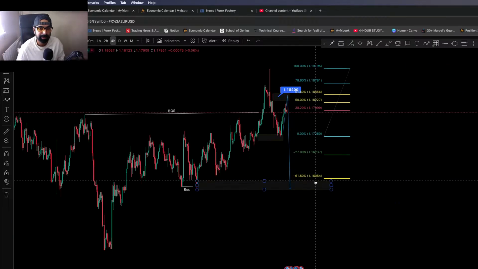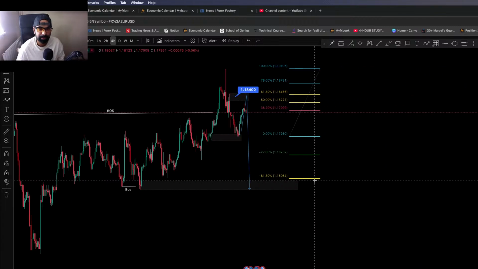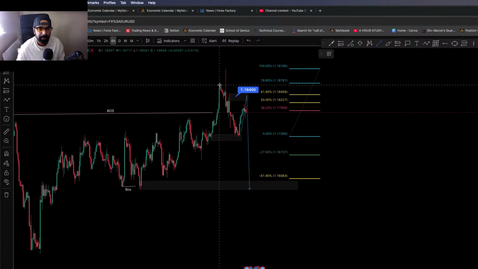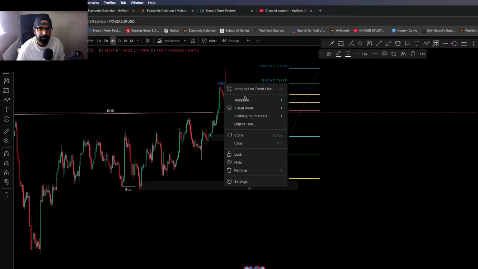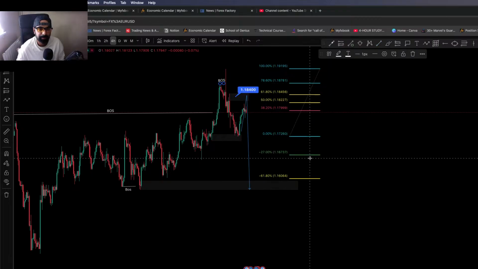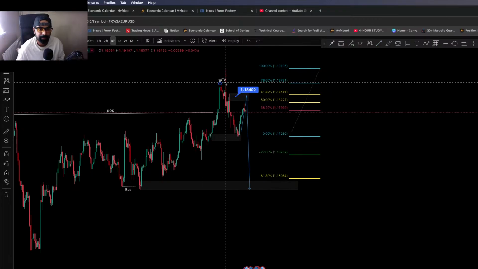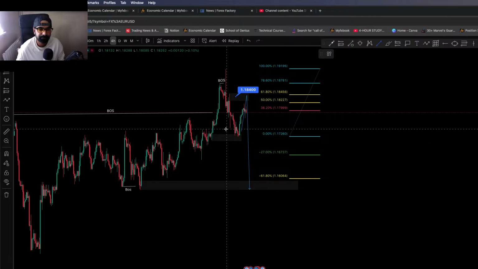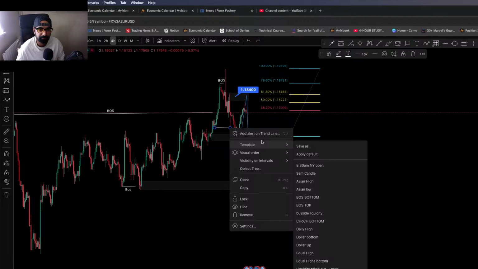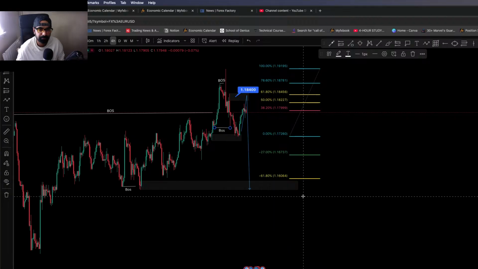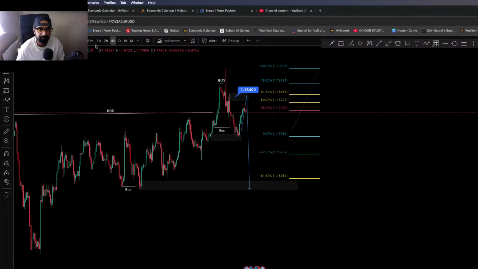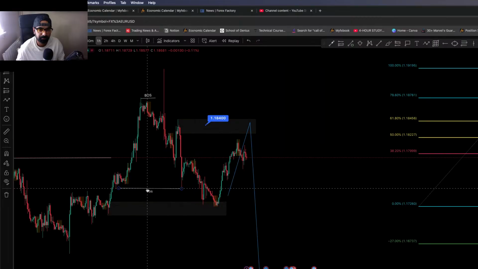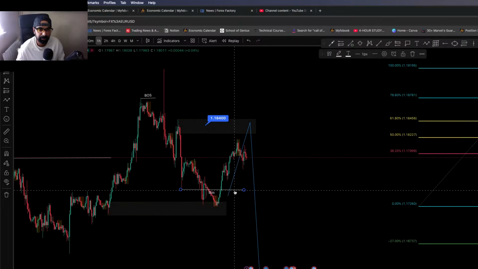I'll look at the H4 first. Yeah. Nice breaker structure. Here.